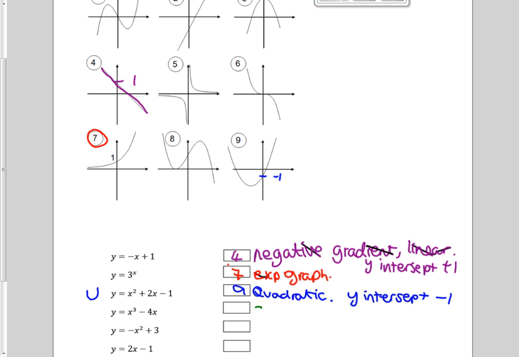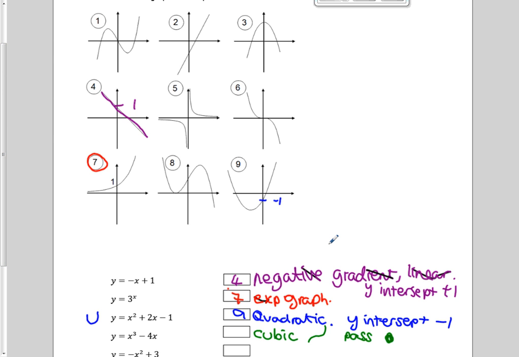So here I have a cubic, which is positive. So I know that it's going to have that shape. And also I know that it's going to pass through the origin because there is no plus constant on the end. So the only cubic graph that passes through the origin and has the correct directionality must be this graph number 1.